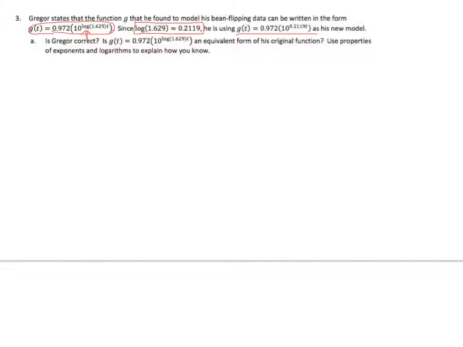Well, let's start working, okay? So Gregor is actually correct, but let's try to figure out why. So since 10 raised to the log base 10 of 1.629 equals 1.629, we just reviewed that.